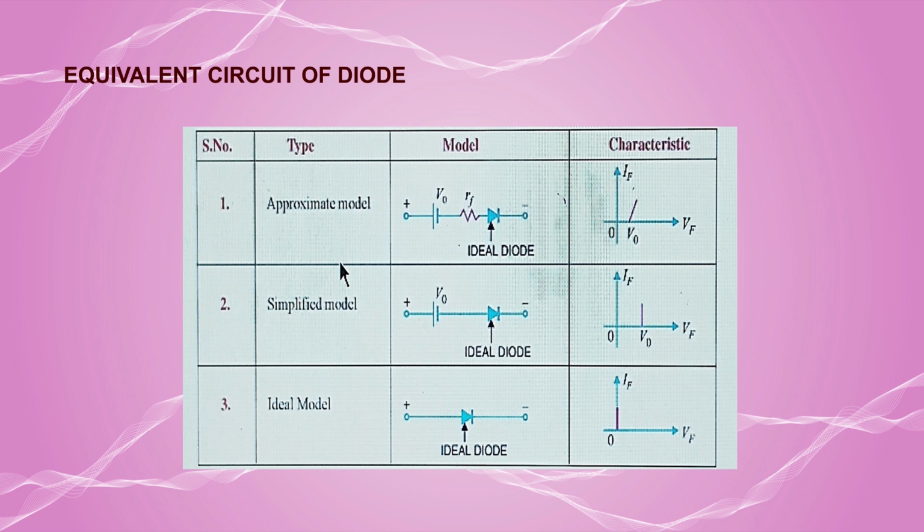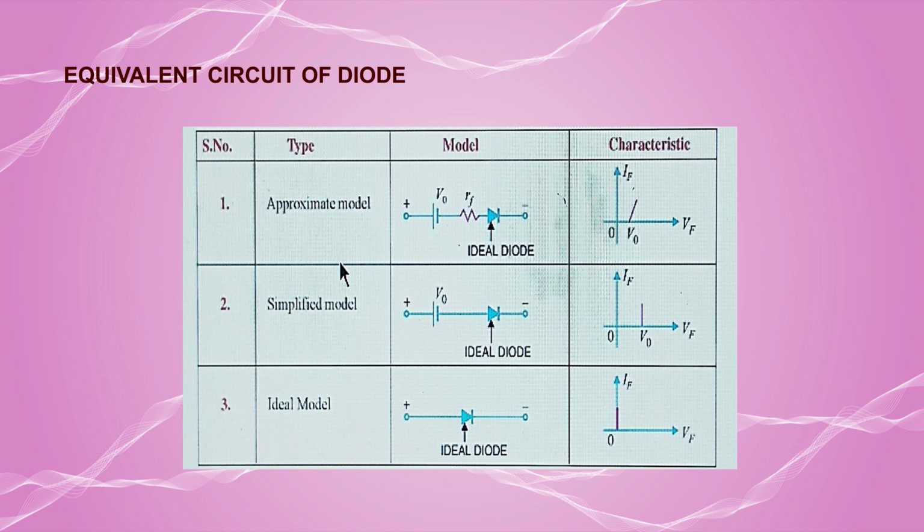As we have studied, in the ideal case, the diode has 0 resistance in the forward bias condition and infinite resistance in the reverse bias condition. So, the VI characteristics become such that we get a straight line along the current axis for the forward bias and no current in the reverse bias. So, this is the ideal condition.